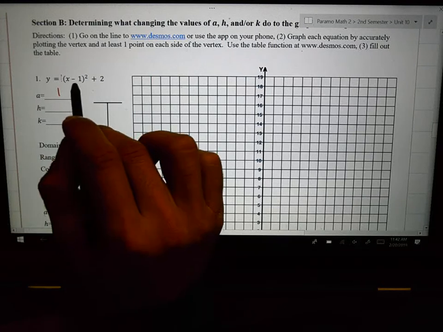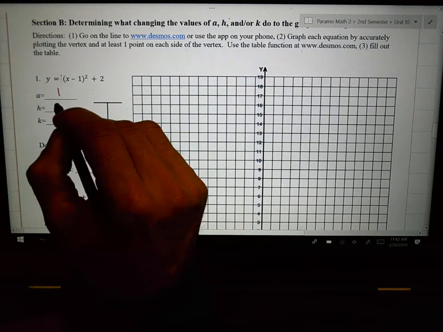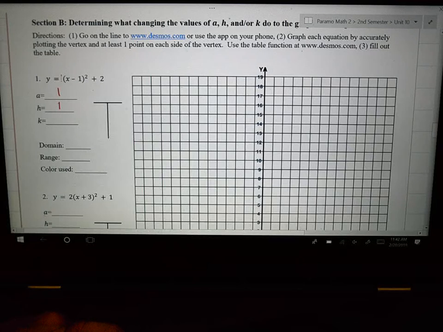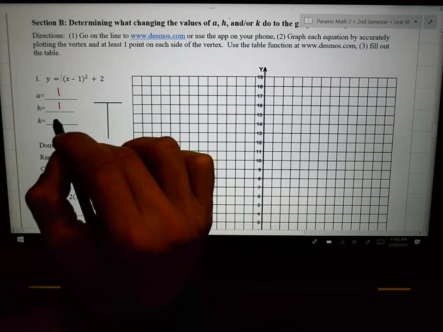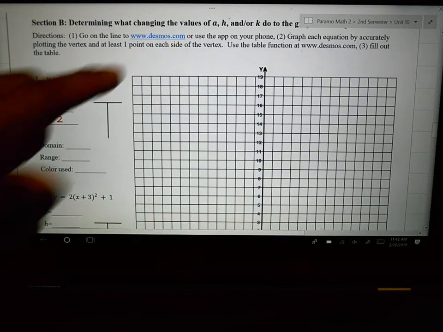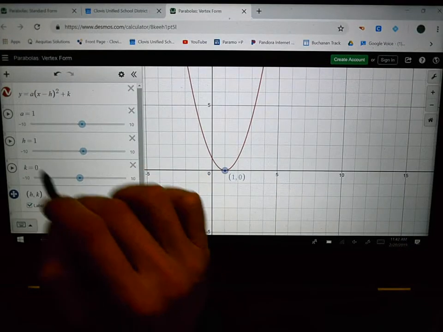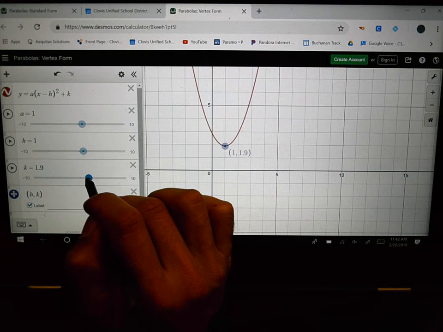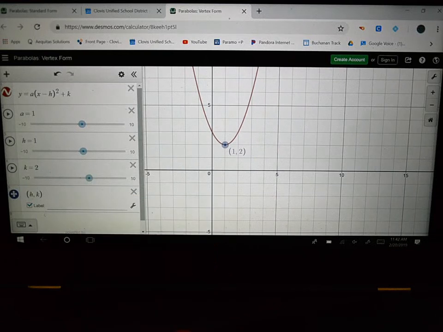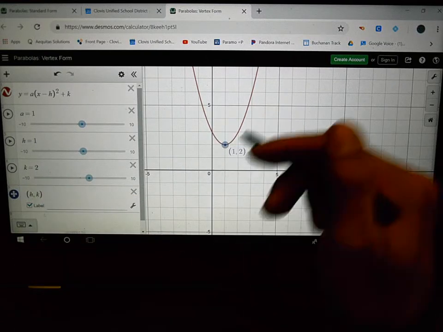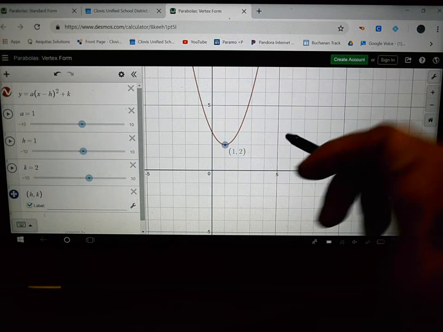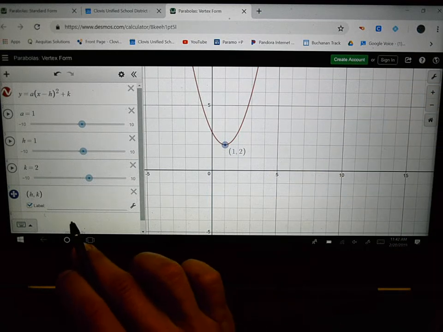What is H? H is the opposite of this -1. It's a positive 1. What is K? K is the positive 2. You can use Desmos to graph all that. 1, 1, 2. And when you do that, you'll see the parabola and you'll see what the vertex should be.